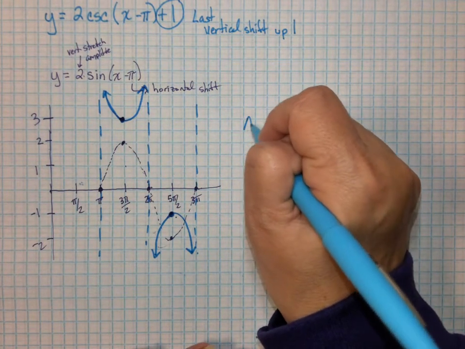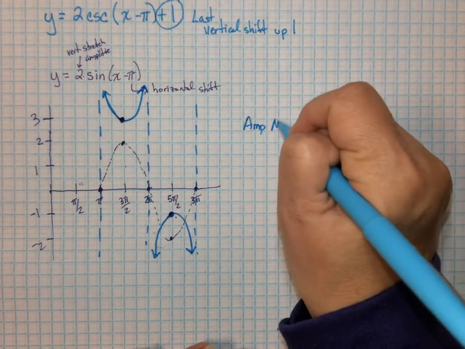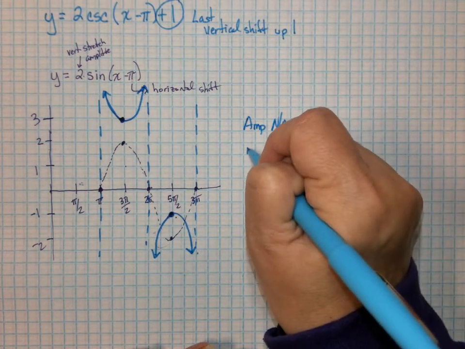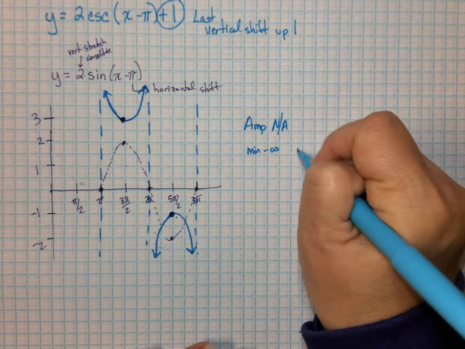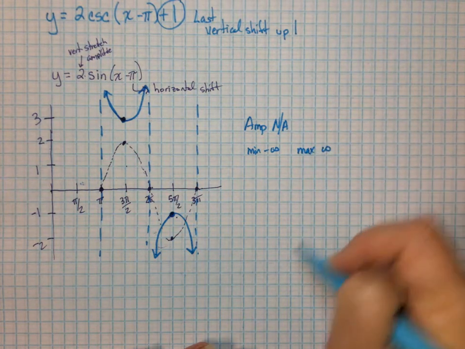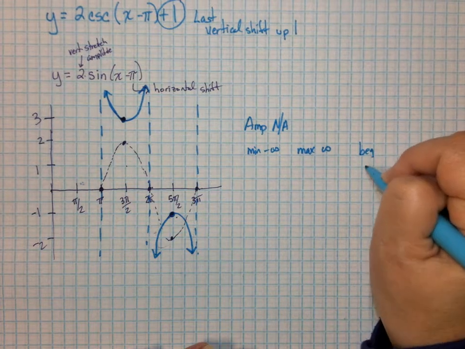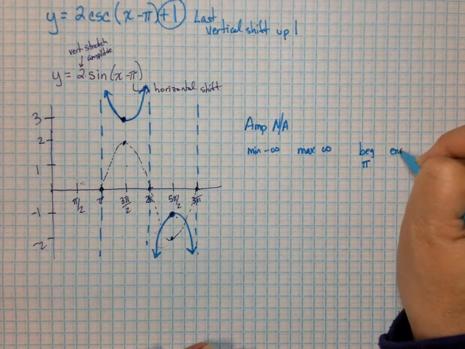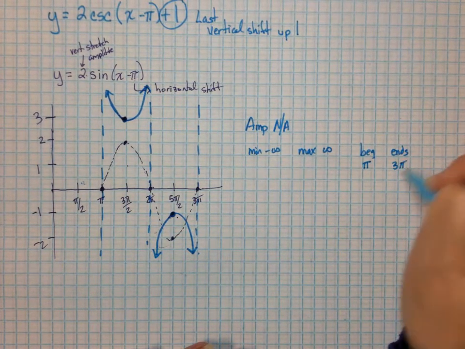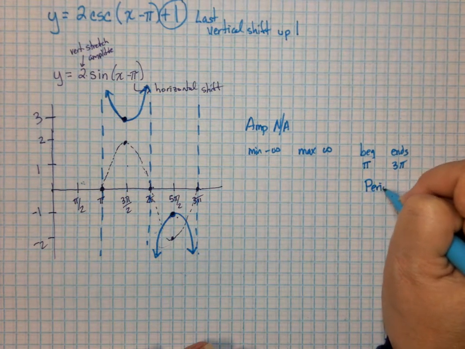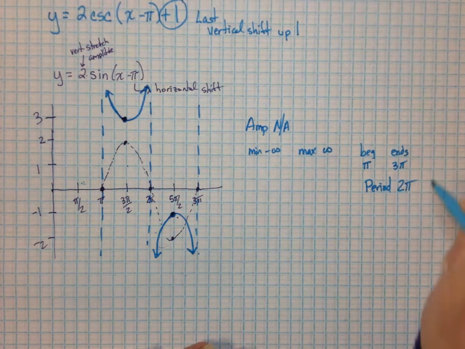So amplitude doesn't apply, min -infinity, max +infinity. This time the period begins at pi and ends at 3 pi, but the period length is still 2 pi long.